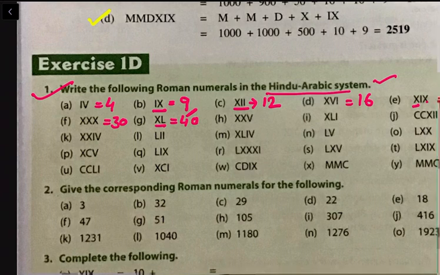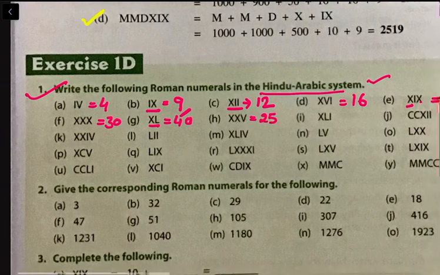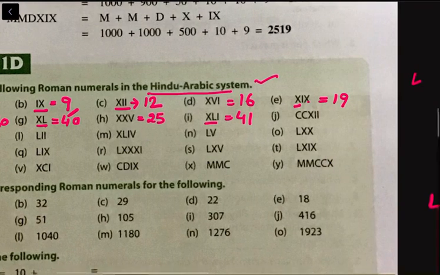XXV means 10 plus 10 plus 5, 25. XL stands for 40, so XLI is 41. Okay, CCXII. What does C denote here?